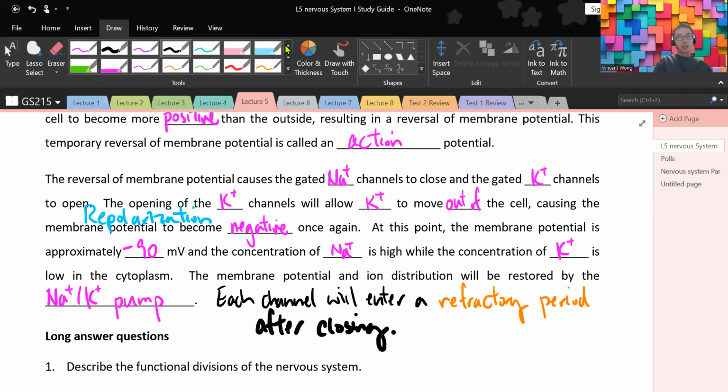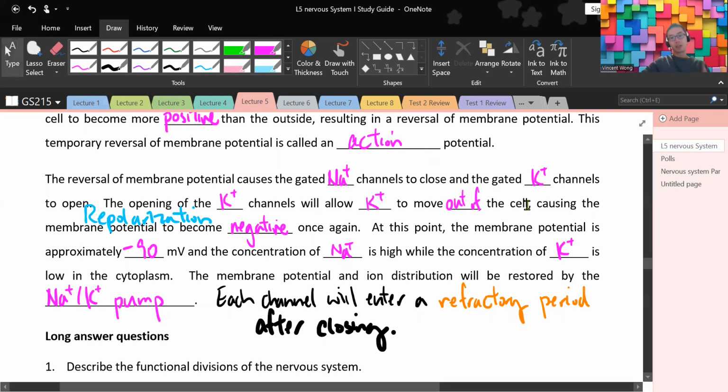Okay, so the refractory period is a period where the channel will not be responsive. So it opened and then it closes, and then it will enter the refractory period, a time of non-responsiveness. It must reset itself before it's going to respond again. Now that is very important to have the refractory period.